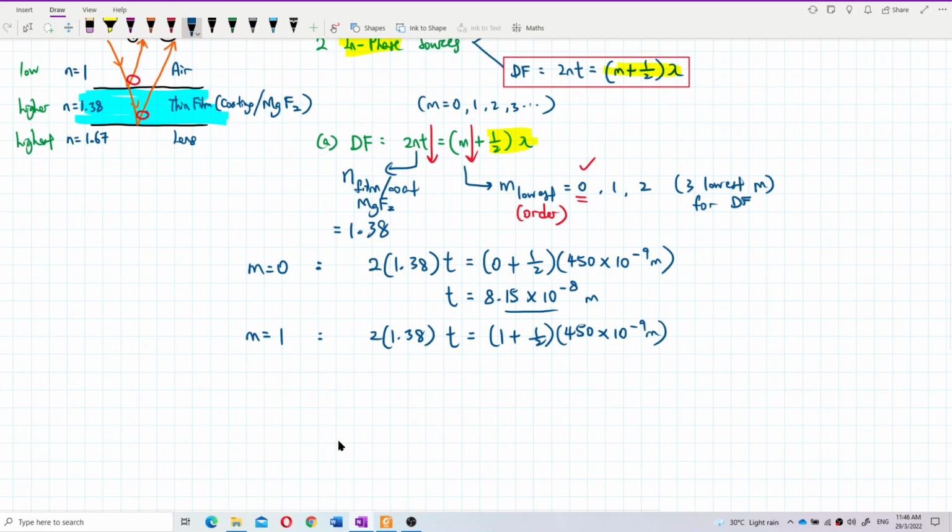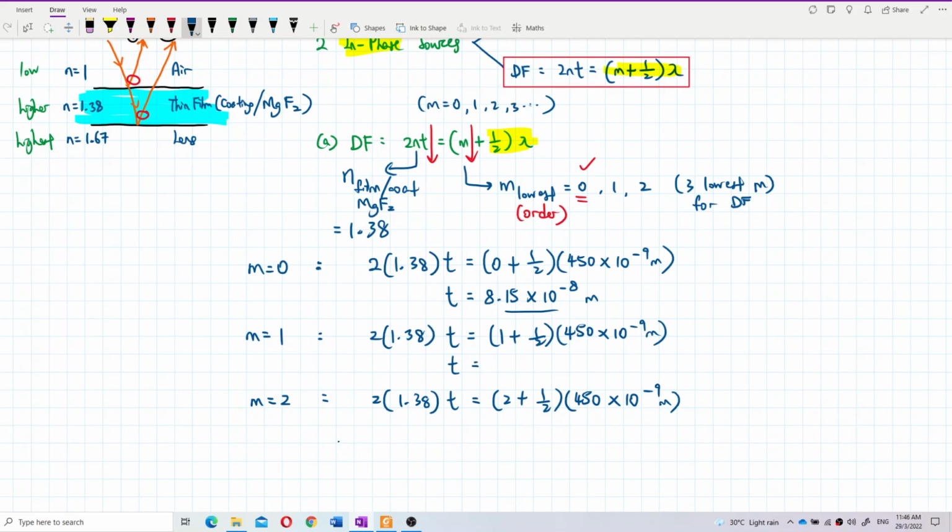And then for the third lowest thickness, I substitute the order with 2. Okay, let's check out the answer.